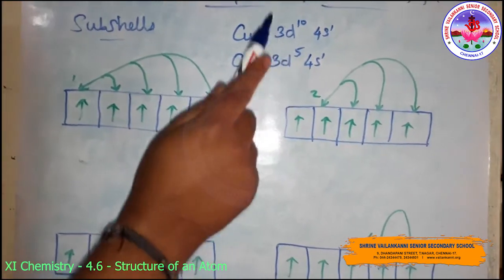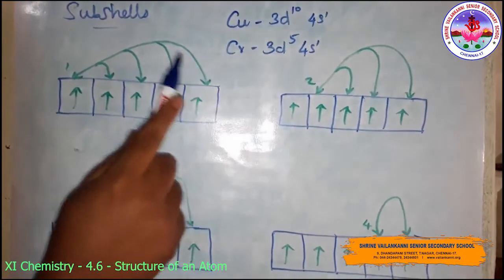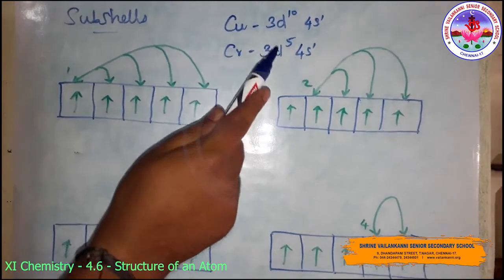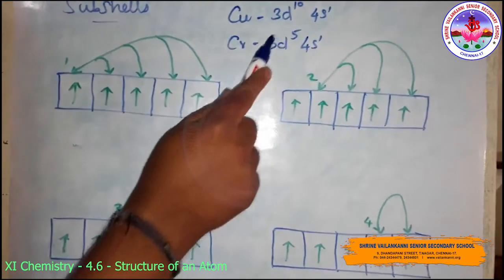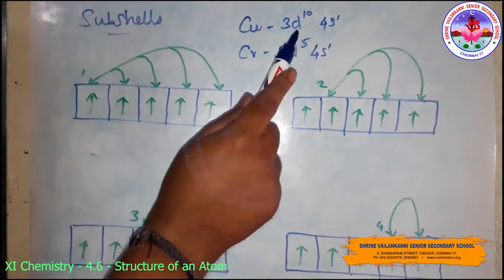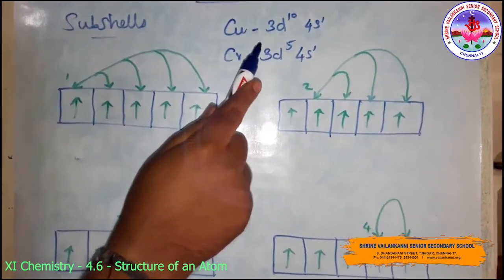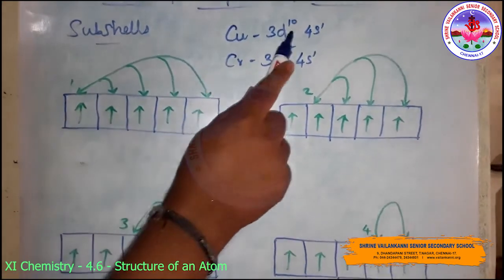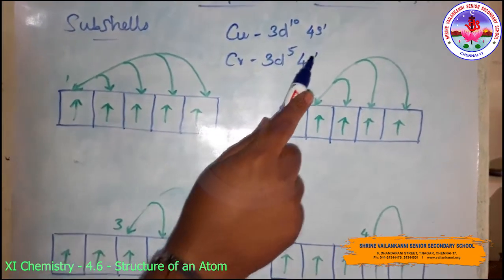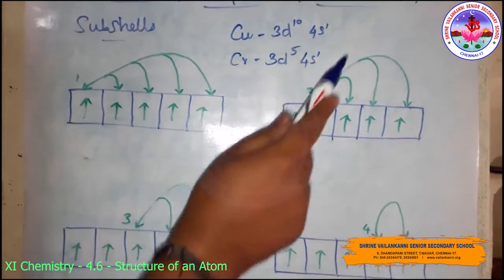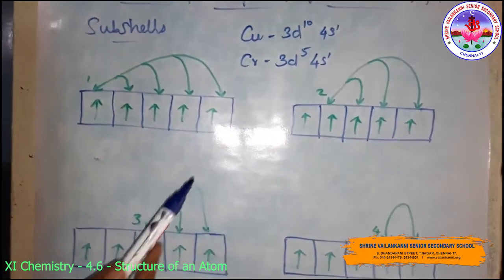With such a shift, the result is that all orbitals of the subshell of higher energy get either completely filled or half filled. This is completely filled, this is half filled. So the valence electronic configuration of chromium and copper is like this: 3d10, 4s1 for copper, and 3d5, 4s1 for chromium. It has been found that extra stability is associated with this electronic configuration.